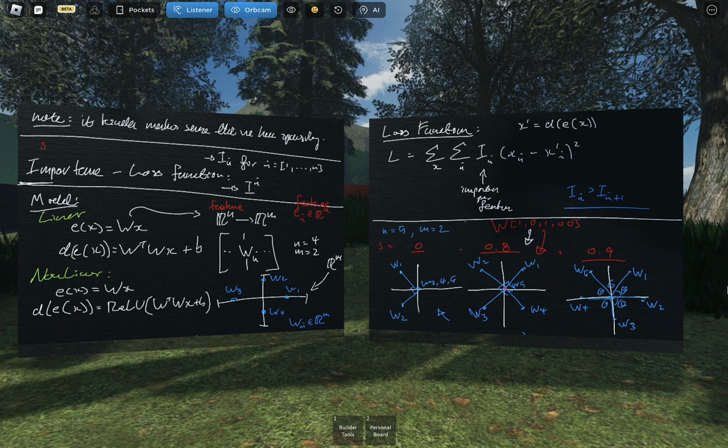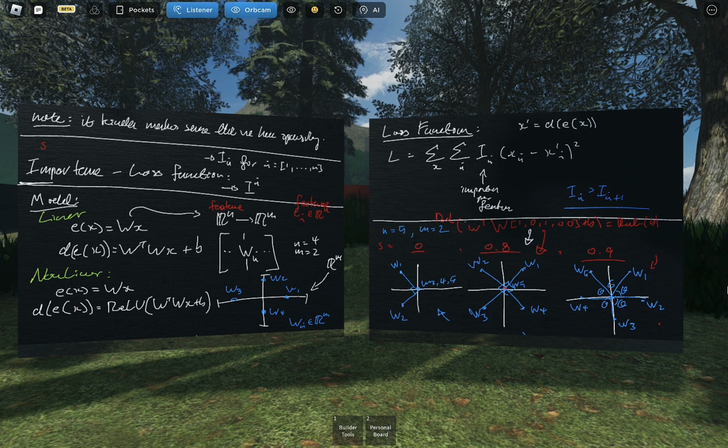So when you try to leave this space, you just get ReLU of W^T x plus B, which is just ReLU of B. So basically the idea is that higher sparsity means you're less likely to need to encode multiple things at once, which might be interfering with each other.